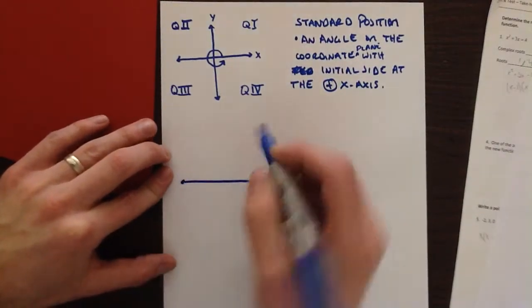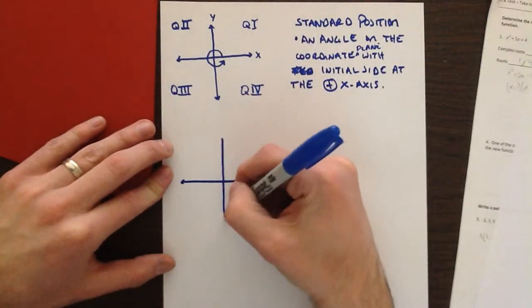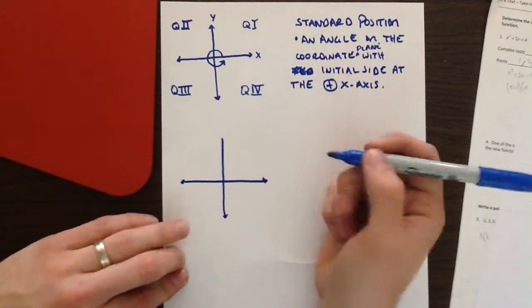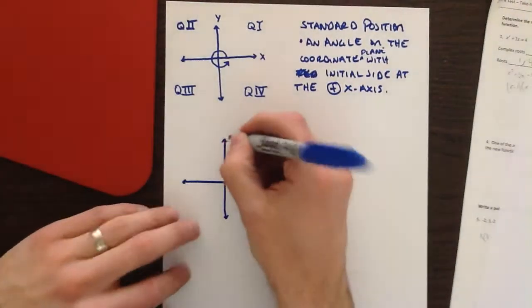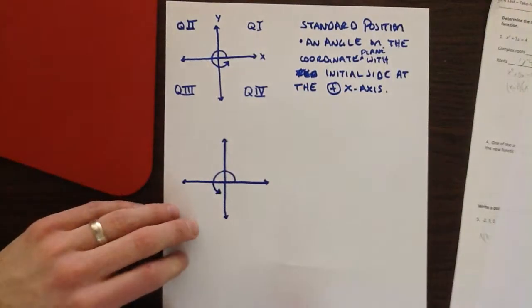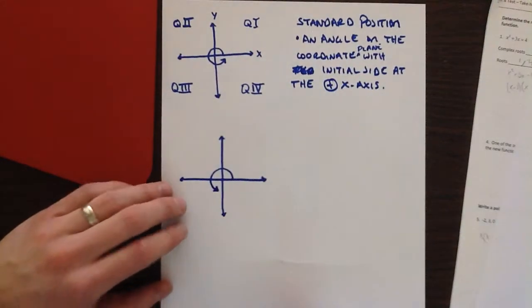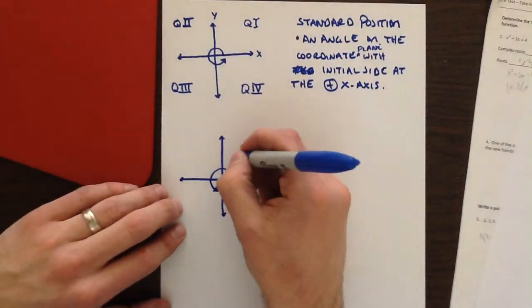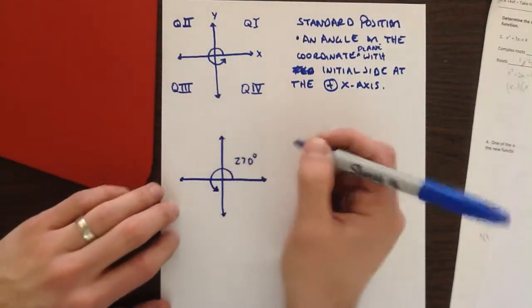Here's my stumper. If we start on the positive x-axis, and we rotate that far to the negative y-axis, we just said that was 270 degrees, right?